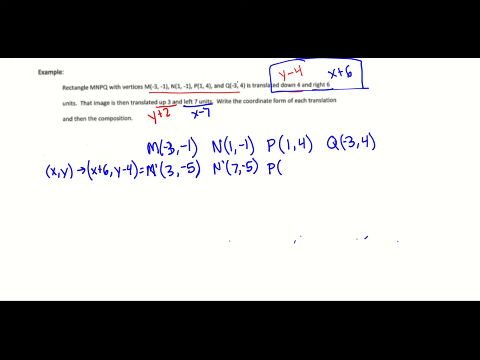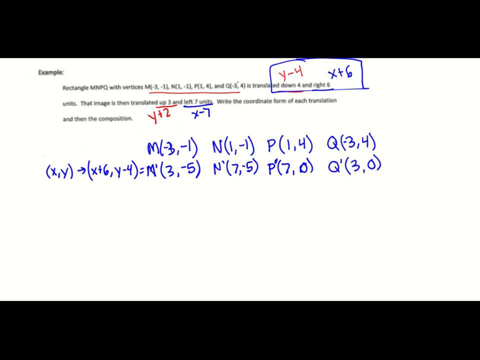P prime. 1 plus 6 is 7. 4 minus 4 is 0. Then Q prime. Negative 3 plus 6 is 3. 4 minus 4 is 0. So that is my first transformation.